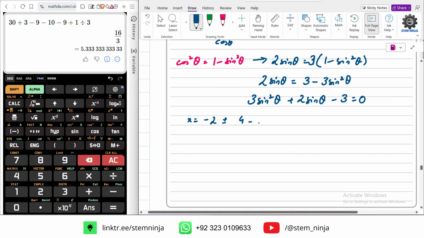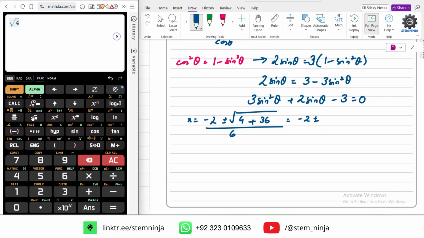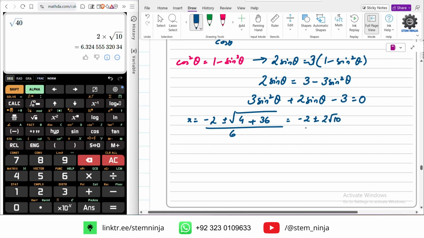So 4 times 9, 36, and would be positive because of the minus 3. You have 2 times 3, 6, minus 2 plus minus square root of 40, which is 2 root 10, divided by 6. So you have minus 1 over 3 plus minus 1 over 3 root 10.